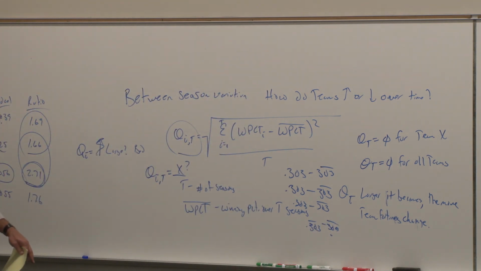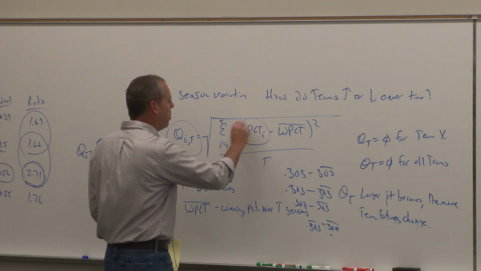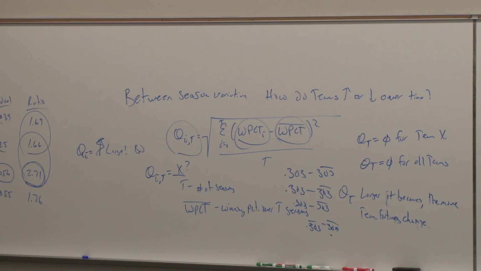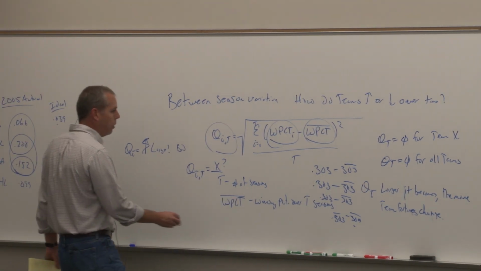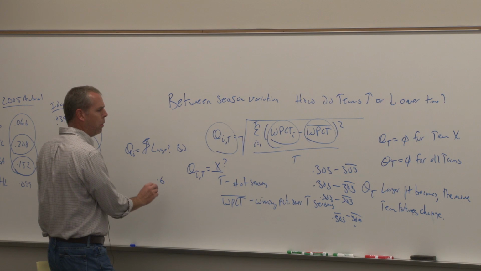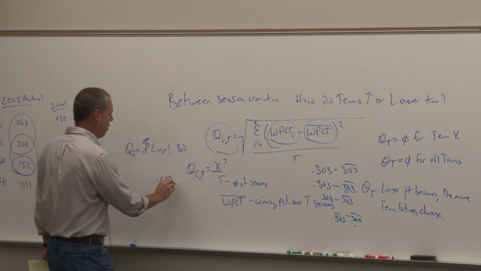If it's equal to 0, this number has to be equal to this every single time. It doesn't matter what the number is, because this team right here is .303, and this team over here is .697.